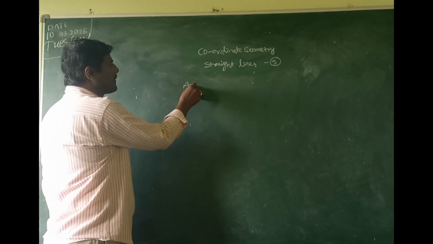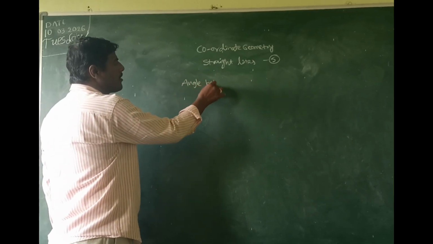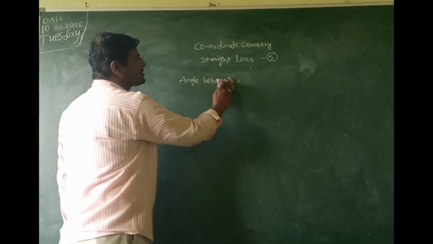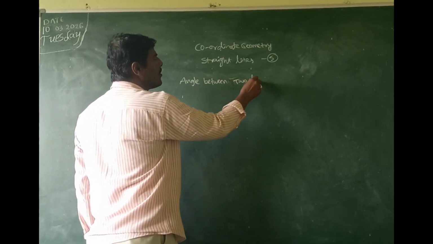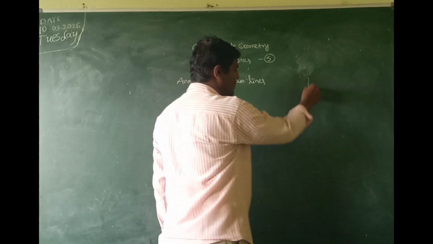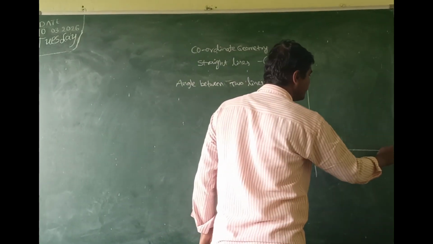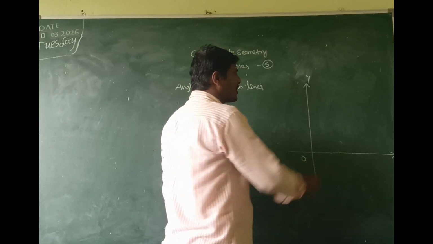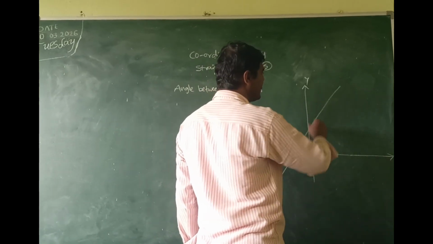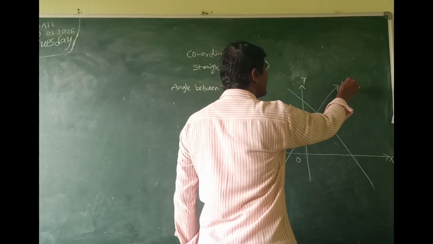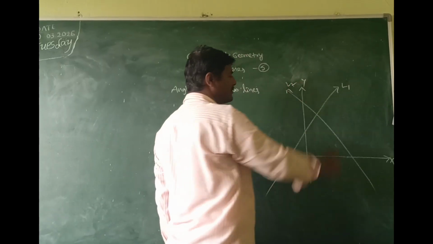Angle between two lines. In this coordinate system, x-axis, y-axis, origin. Now we draw two lines like that. This is L1, this is L2.